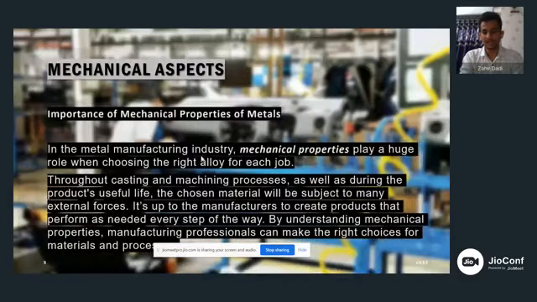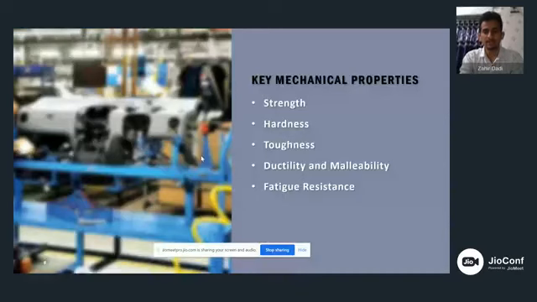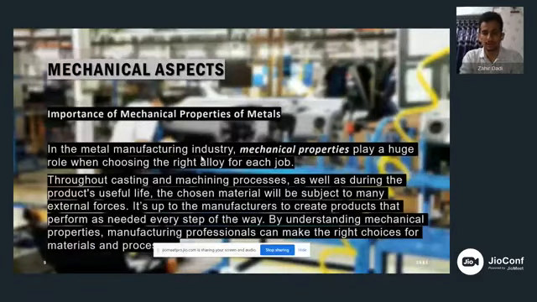From the mechanical aspect, we can say that from the beginning of the era, mechanical properties have been very important and play a very important role every day. If you are making a needle, mechanical properties are applied. If you are making a submarine, mechanical properties are also applied, which is important.